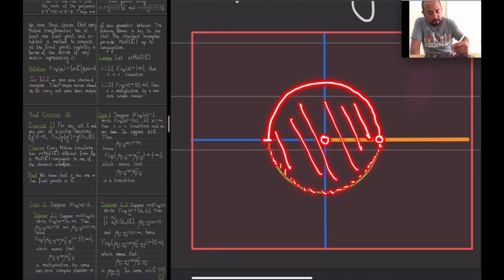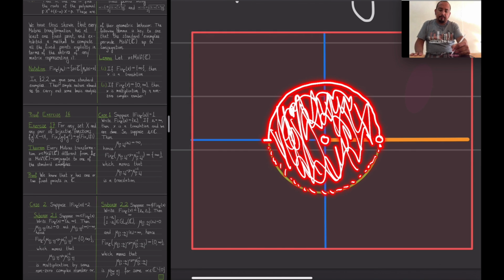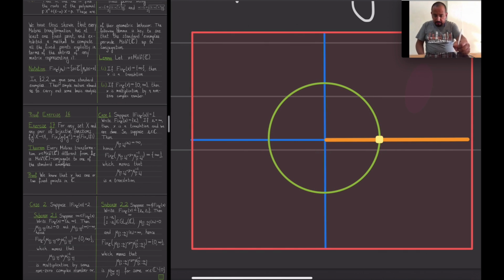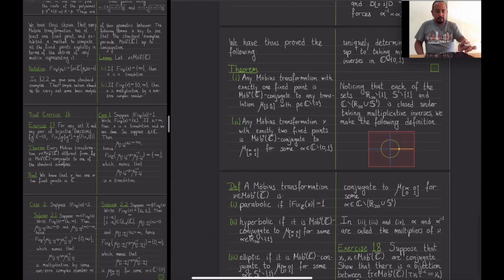And I think this set that I just drew gives you a set of representatives, in the sense that if you give me a Möbius transformation with exactly two fixed points, then it is conjugate to multiplication by alpha for some alpha, and if you impose the restriction that it be here, then it's unique.